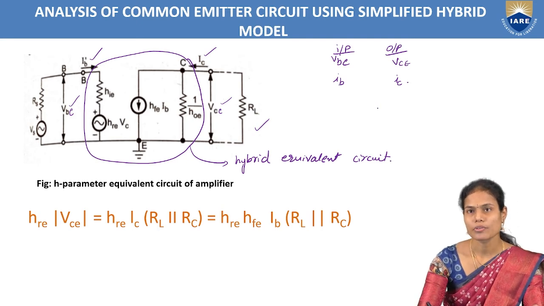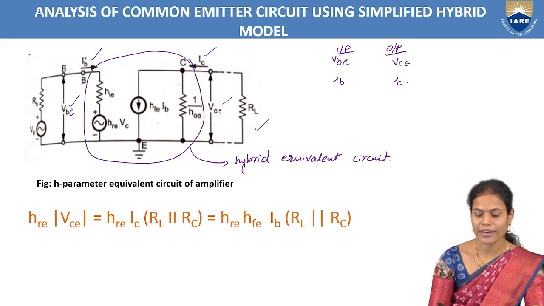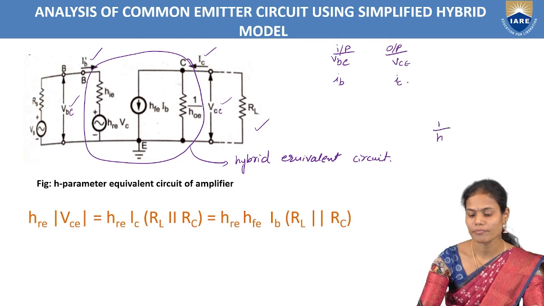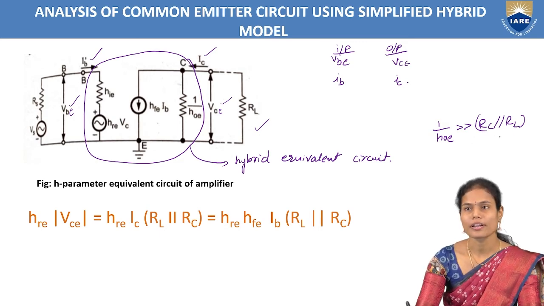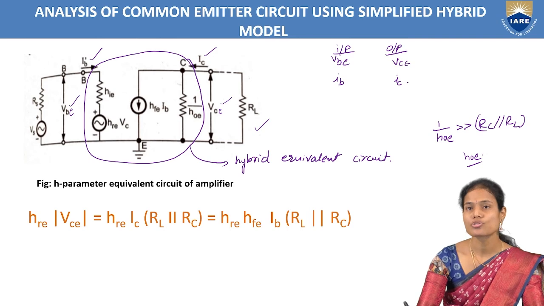To make it an approximate model, I am considering that 1 by HOE is greater than the parallel combination of RC and RL, where RC is the collector resistance and RL is the load resistance. If this value is far greater than RC and RL, it means HOE is small. 1 by HOE is large means HOE is small, so we can neglect the HOE value.